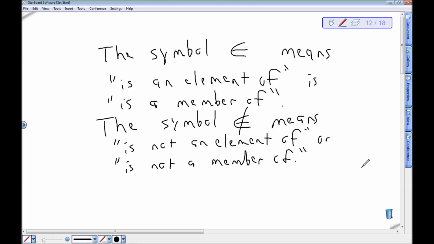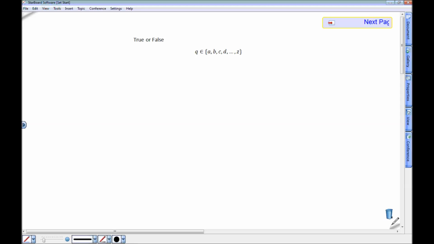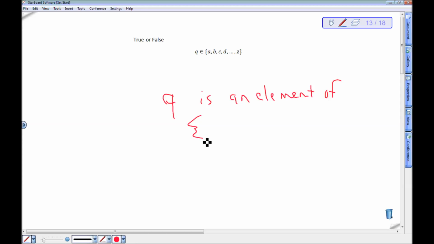Let's look at a couple examples of this notation, and I want to know true or false. So I've got Q is an element of the set that contains A, B, C, D, and so on, all the way to Z. Now, do I think that that's true or false?